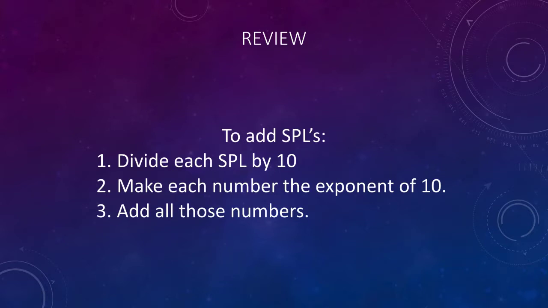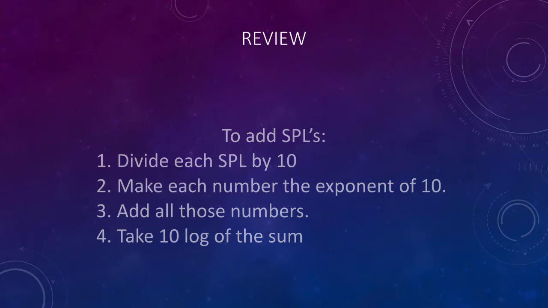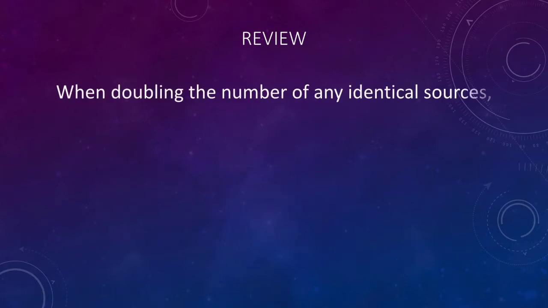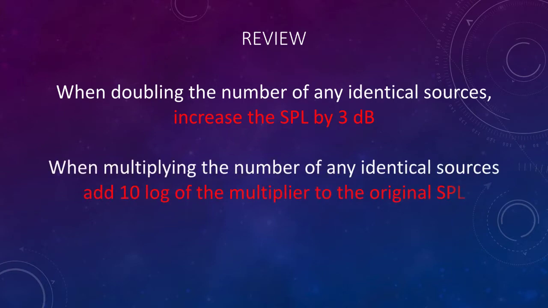It will be a very large number. Take 10 log of the sum. When doubling the number of any identical sources, increase the SPL by 3 dB. When multiplying the number of any identical sources, add 10 log of the multiplier to the original SPL.